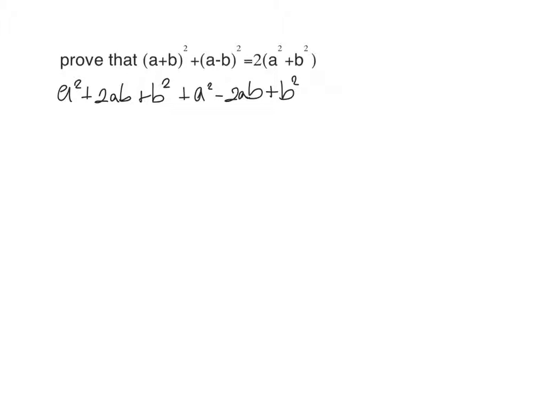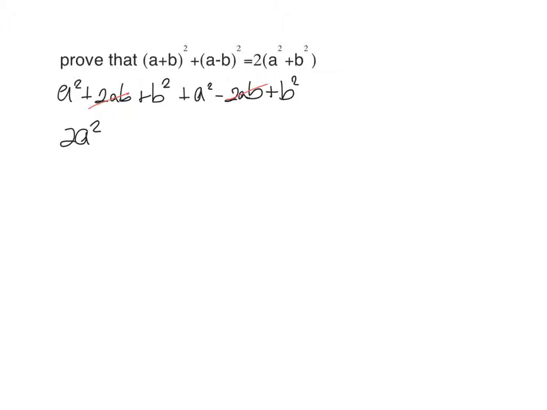Okay, so we're going to try to see if we can get it to equal everything that's on the right hand side. Well, see what we can combine. I've got a squared and a squared there, and that gives me 2a squared. I've got 2ab minus 2ab. Well, that's the same thing, so they're going to cancel each other out.